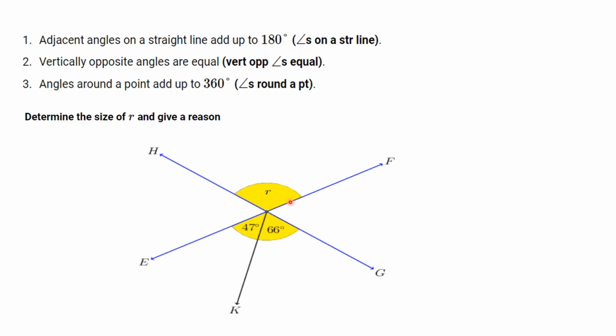And we also know that if we add all the angles around this point, they will give us 360 degrees, meaning that angles around a point equal 360 degrees.